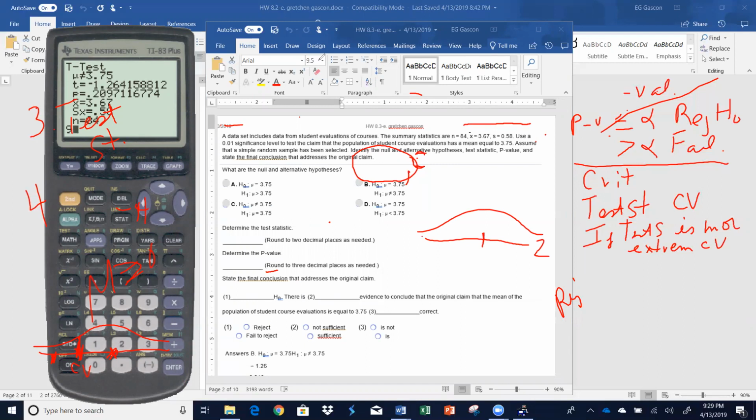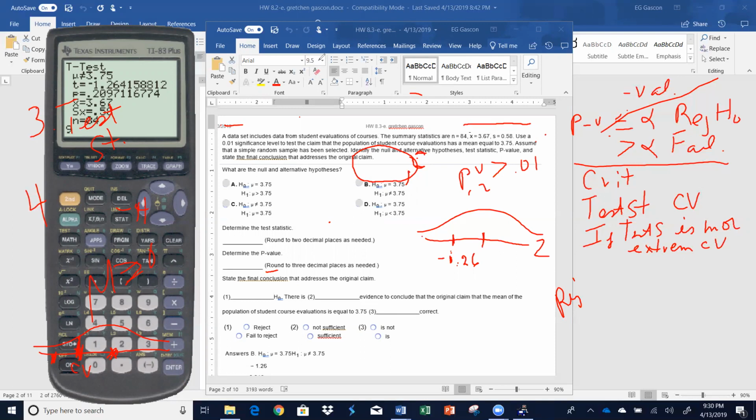My t-value, my z-score, is negative 1.26. The p-value is 0.20. Now I'm comparing this against 0.01. So my p-value is greater than 0.01 because it's 0.2. So therefore, I fail to reject the null hypothesis.